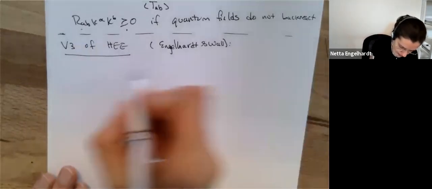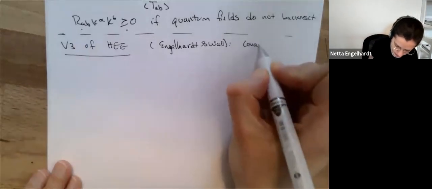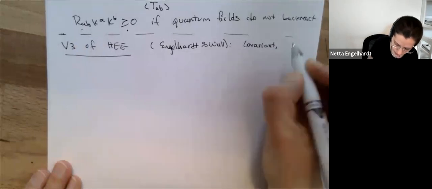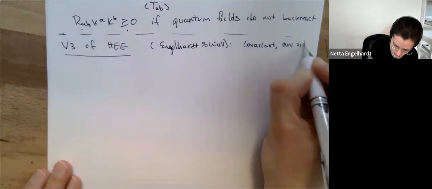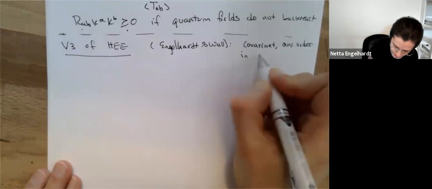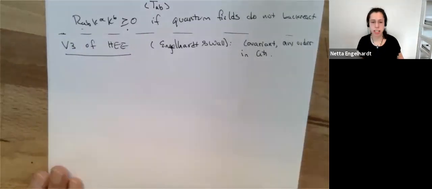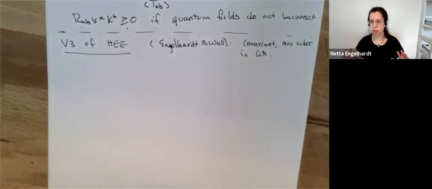So this is both covariant and any order in G-hbar. We said it makes a lot more sense to extremize the same thing that you're calculating.